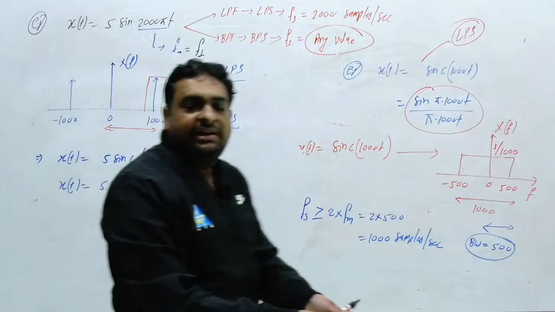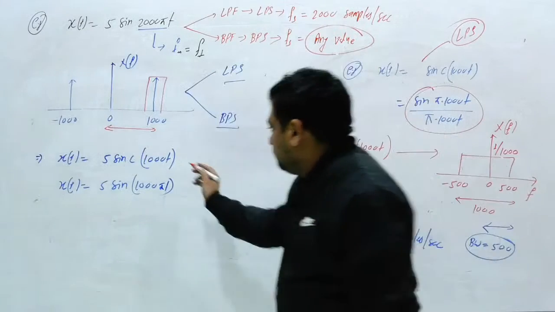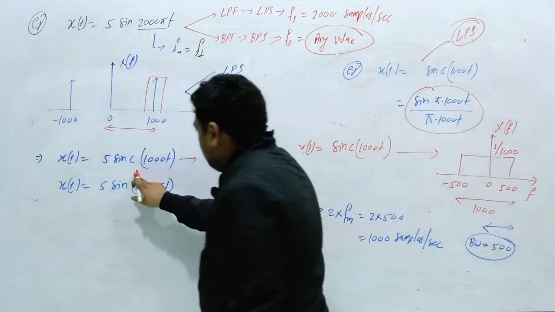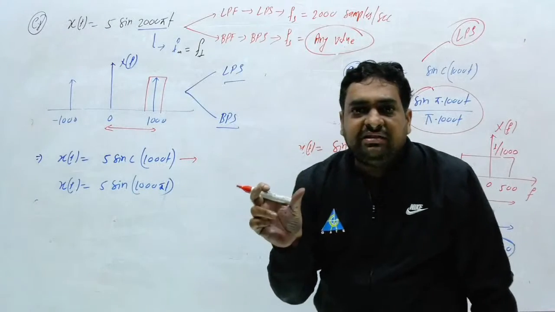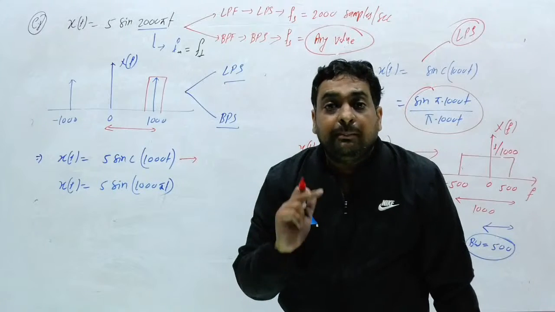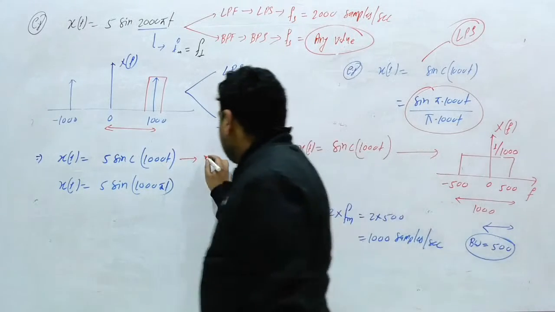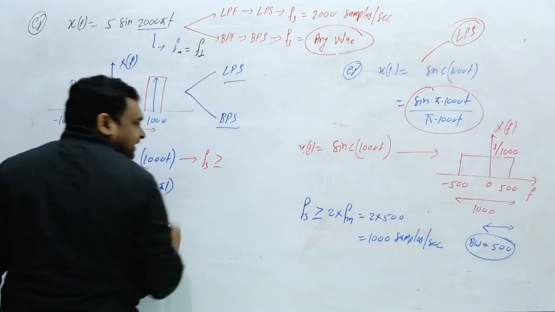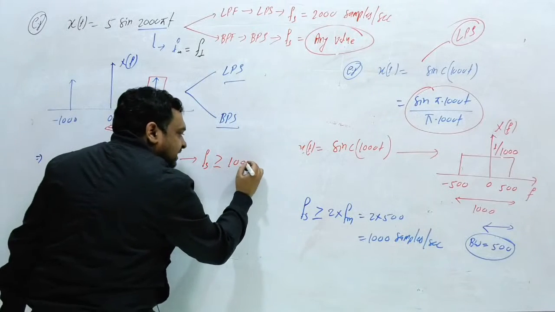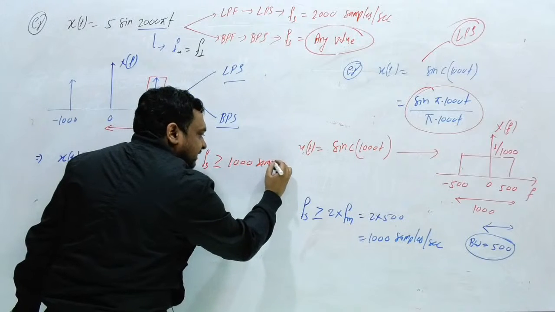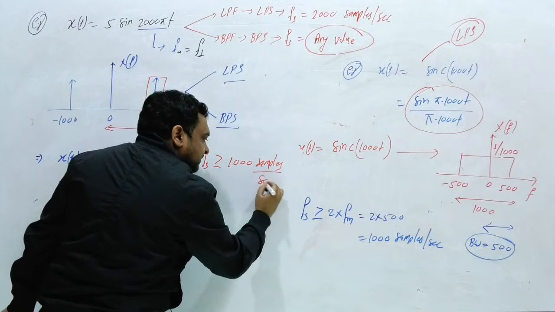What will be the sampling frequency? For the sinc, directly you can say sinc 1000, it means bandwidth will be 500. So what will be the Nyquist rate here? Fs will be greater than or equal to 1000 samples per second, clear?